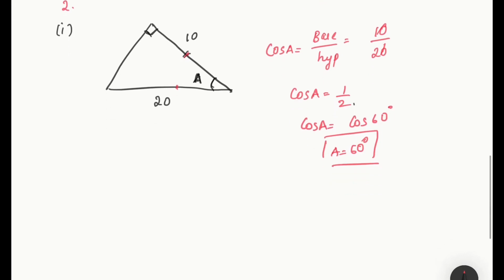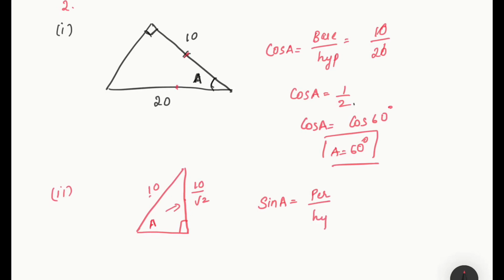Okay, let me do the second sub question of it. Again, what is given here? For A, this is the perpendicular and this is the hypotenuse, right? So again I can use sin A equals perpendicular by hypotenuse.